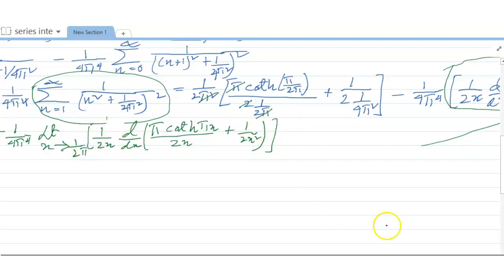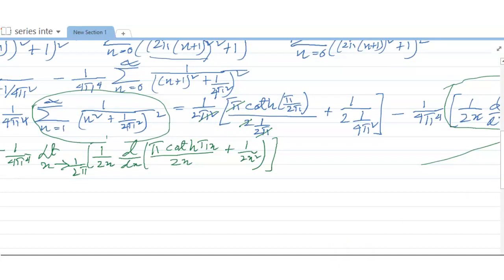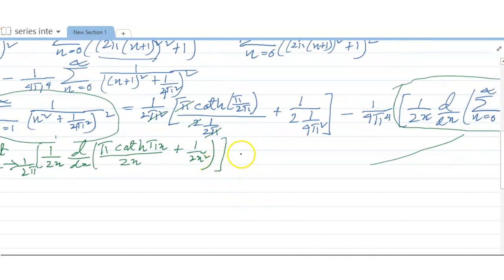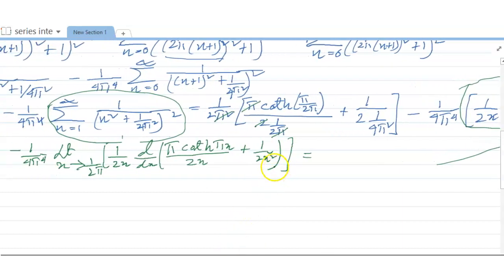It can be written this way. Equals to half coth half minus 1.